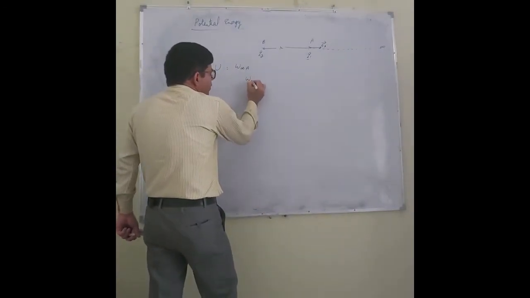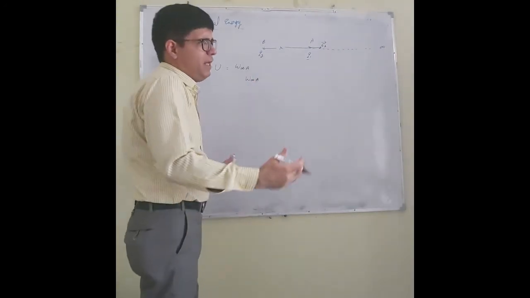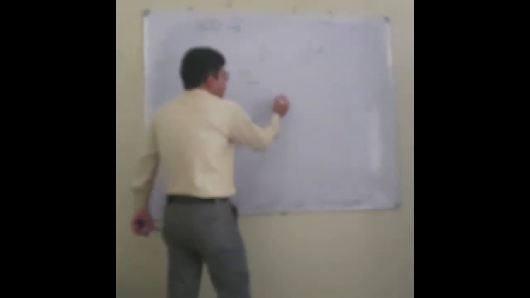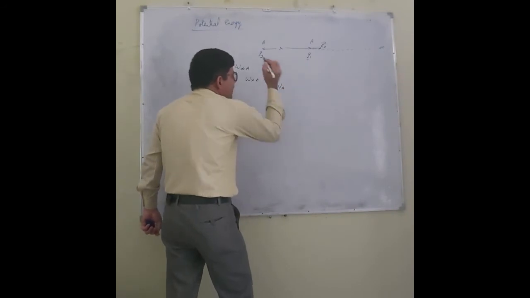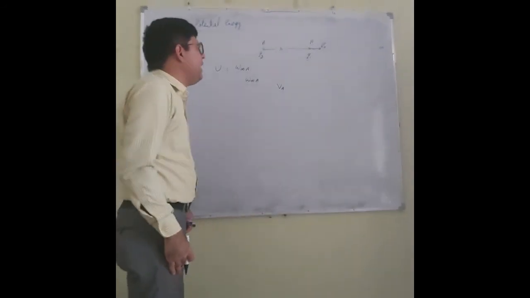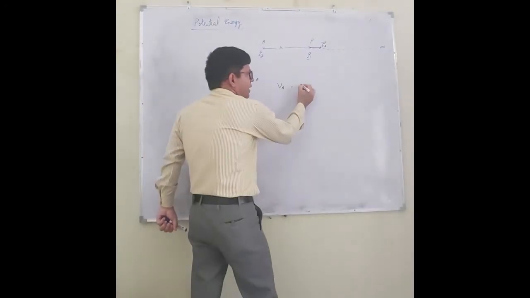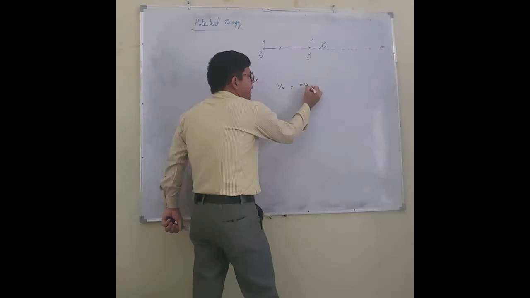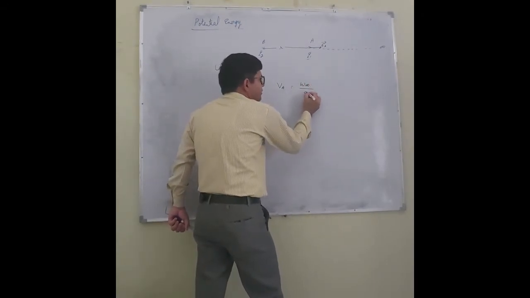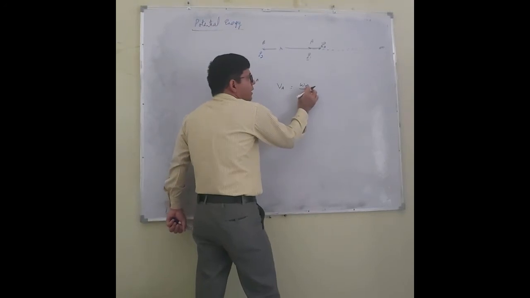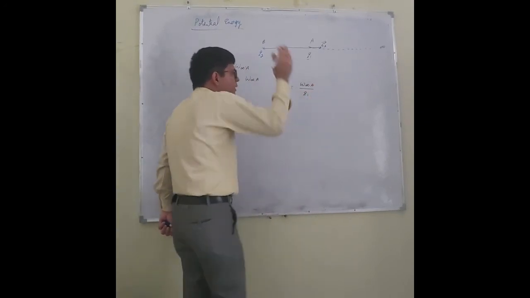Now, if I say what is the electric potential at A due to Q2 charge, it will be equal to work done per unit charge, work done from infinity to point A per unit charge.